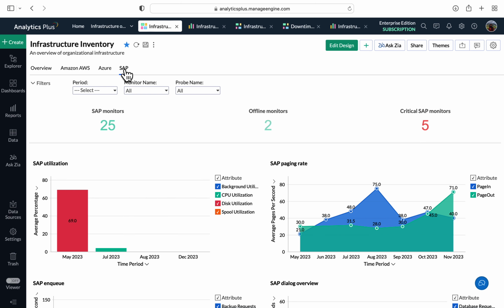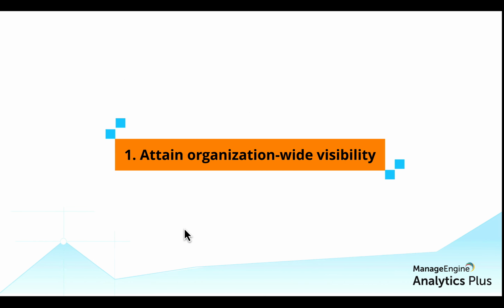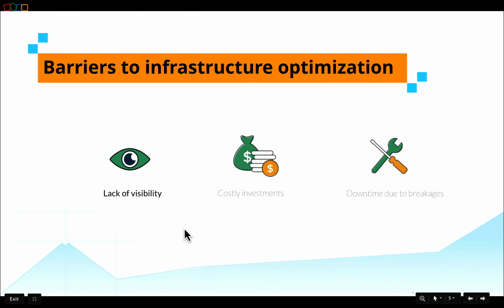Now that we've established complete visibility into an organization's IT resources, the next step in infrastructure optimization is to identify, substantiate, and overcome expensive cost strains that impede organizational growth.